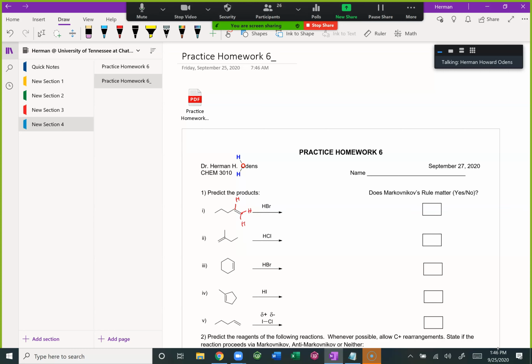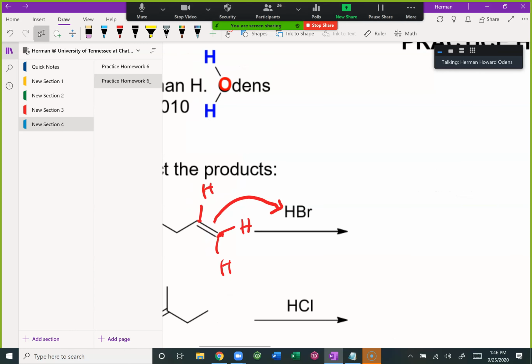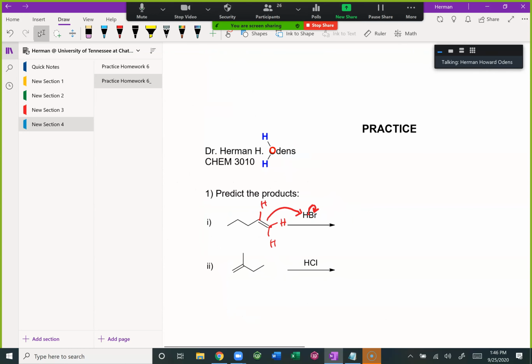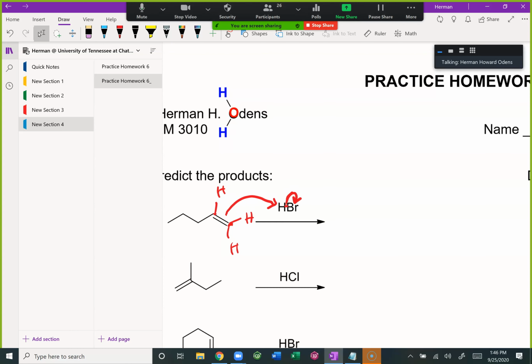All right, so the double bond attacks the hydrogen, and the electrons here are held by this bond. They're going to be transferred to the bromine like that. Okay, so notice what's happening here.